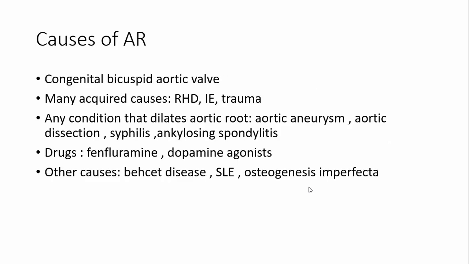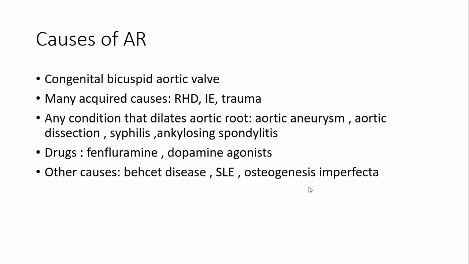So, while talking about the causes of aortic regurgitation, one of the causes is congenital bicuspid aortic valve, and there are many acquired causes. The most common ones are rheumatic heart disease and infective endocarditis, and as you may know, these two diseases affect the valve of the heart.